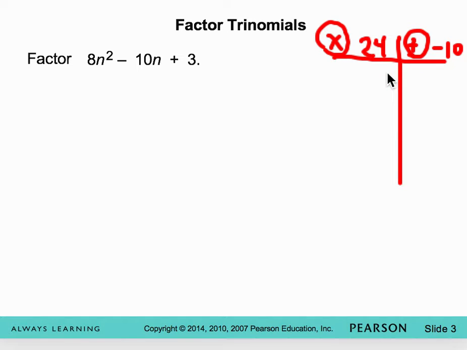Oh, 2 and 12, I'm already going to have it, right? Wrong. Okay, let's look at that. 1 and 24. That's 25 when I add them. 2 and 12 is 14 when I add them. So make sure all your signs match. Okay, really it's 6 and 4 that I'm looking for.